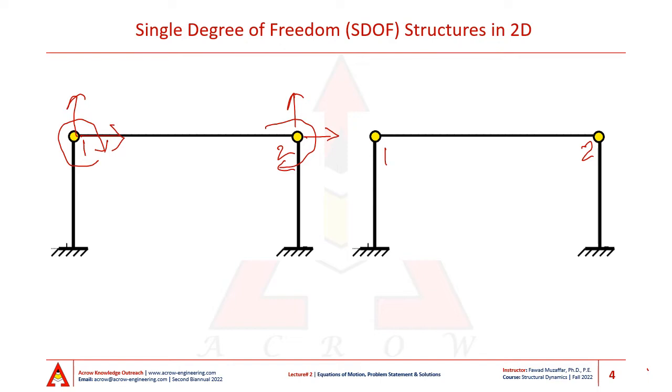So the total number of degrees of freedom that are possible, or that are the minimum number of degrees of freedom required to describe the deformed shape of the frame element, is 4, 5, and 6.